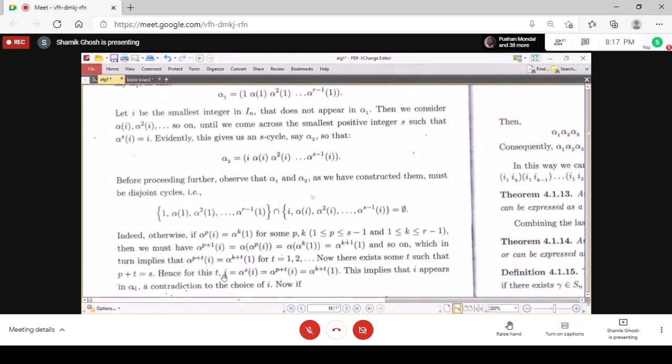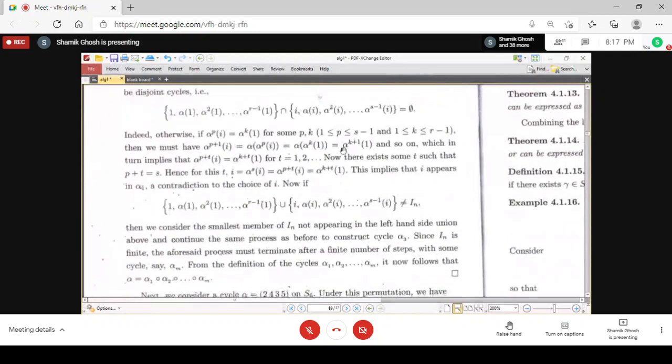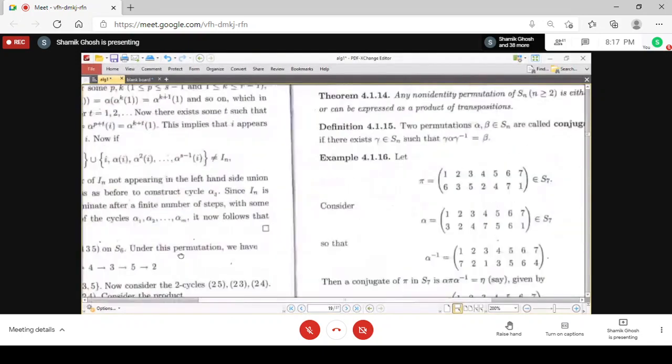And that is not possible because you have chosen the least missing element in the cycle. So that becomes the contradiction, and that is why two cycles are always disjoint. So it is proved here.